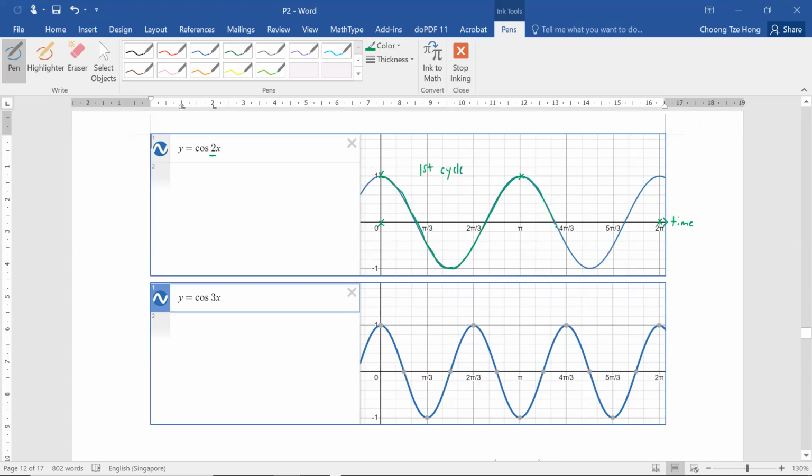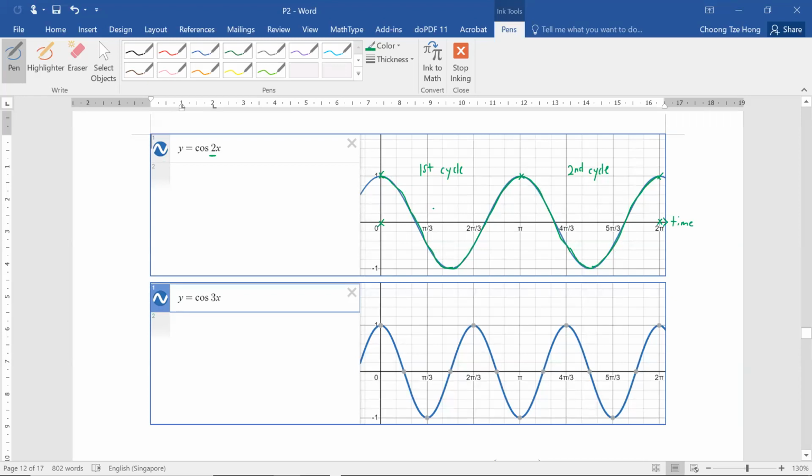Then go down from the maximum again to the minimum, and back up to the next maximum. This would be the second cycle. So if the number is 2, then from a time of 0 to 2 pi, you will see two complete cosine waves.